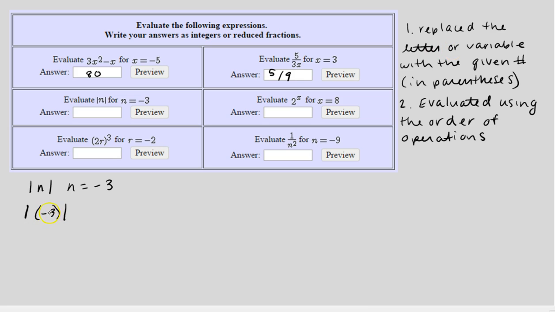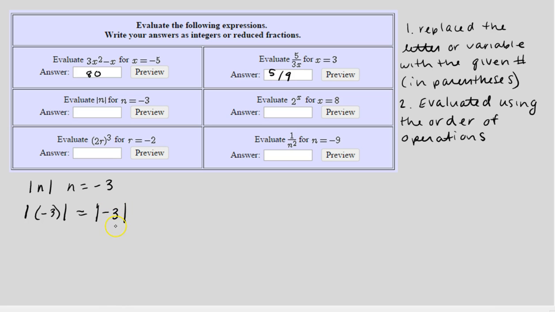Now in this case, the parentheses aren't really necessary. I know that because there's no other operations around it. I'm not multiplying it by anything else or raising it to an exponent. So I can actually drop the parentheses in this case, and it may make the expression a little bit easier to read. So we want the absolute value of -3.